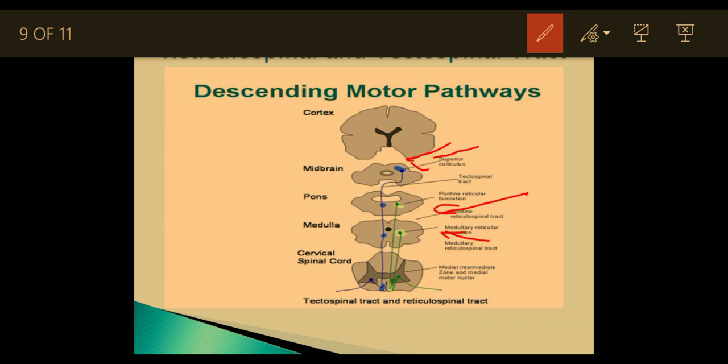Then it terminates in the anterior horn gray cell.